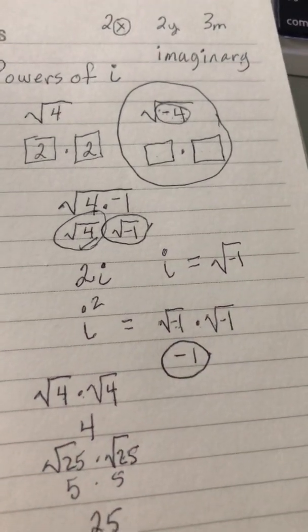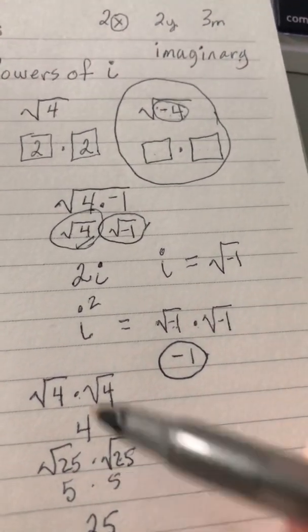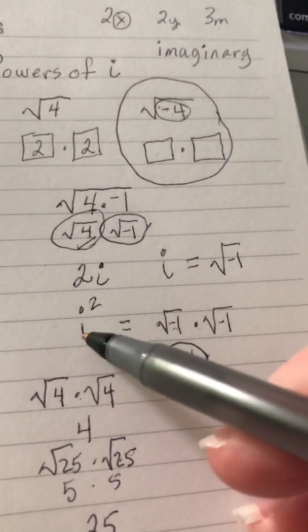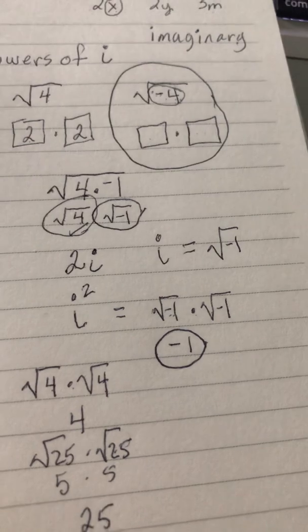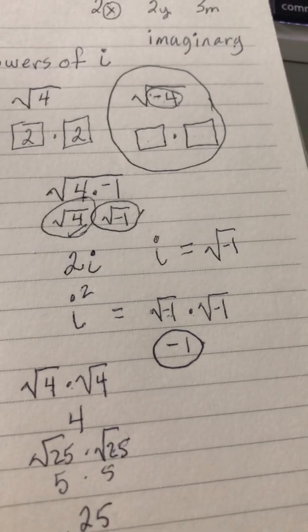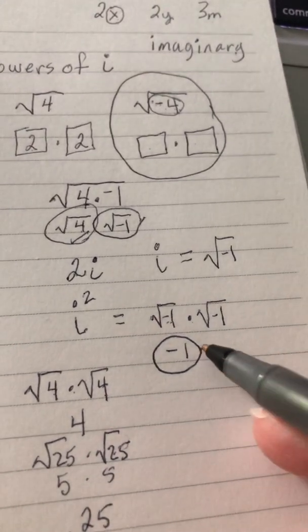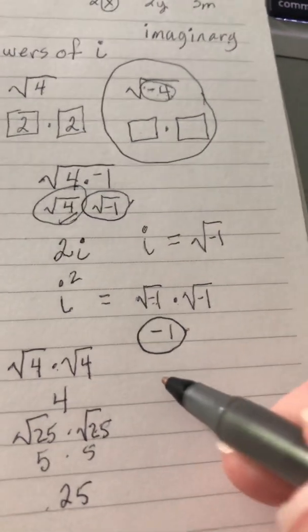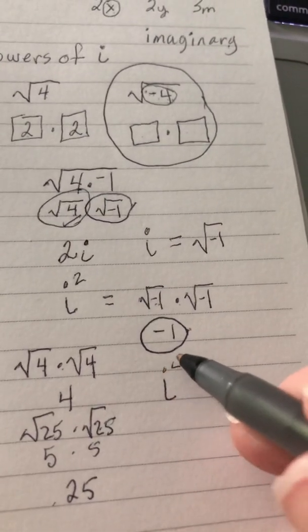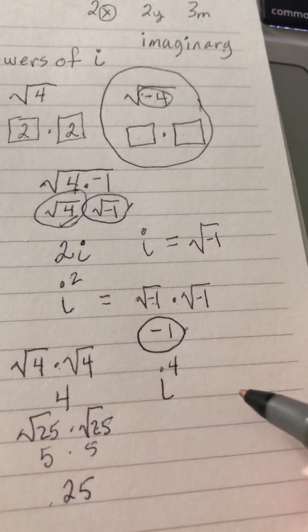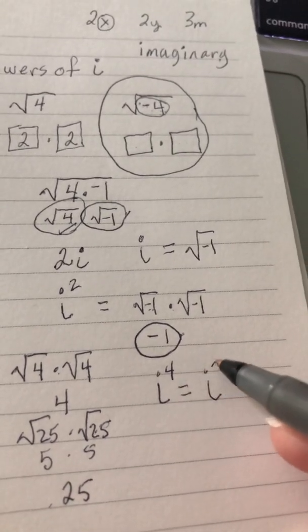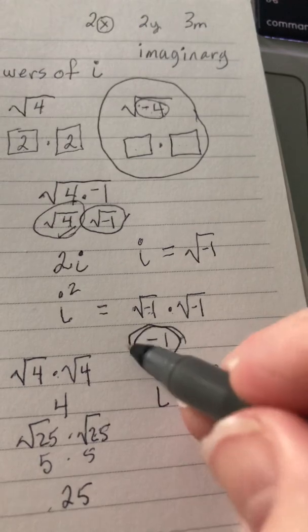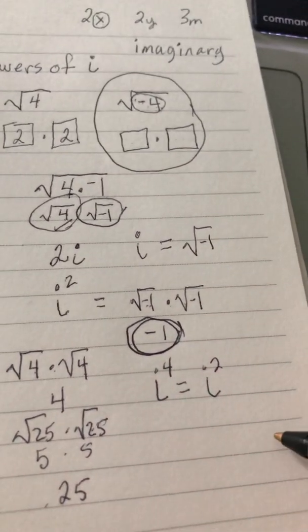So every time you have two i's being multiplied by each other, for every set of 2, you have an answer of -1. So if I have i to the 4th power, then I have two sets of i squared. And we already discovered i squared always equals -1.